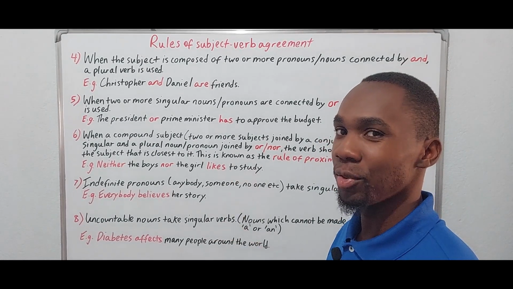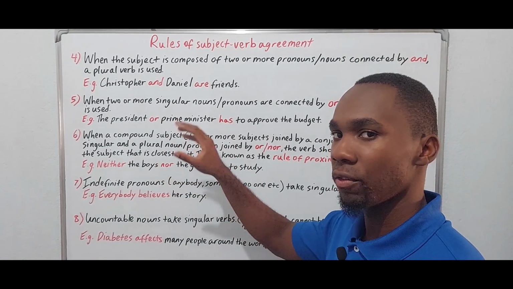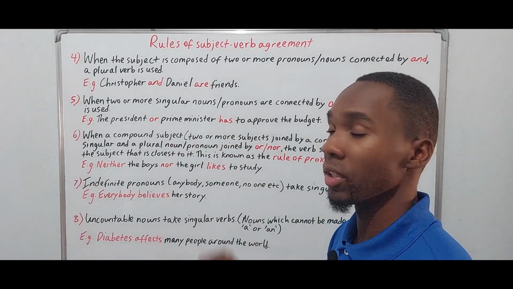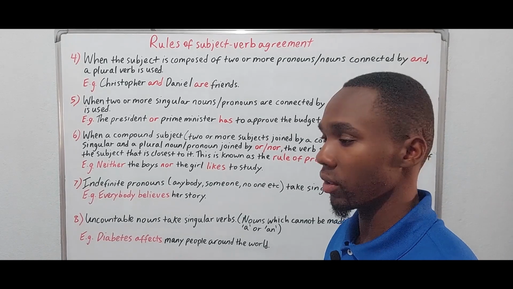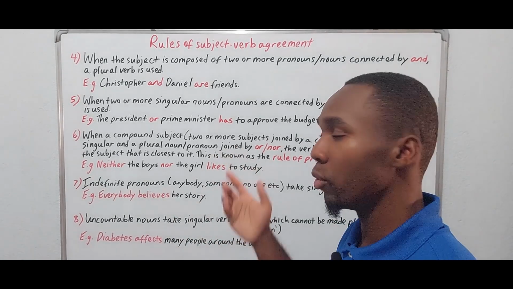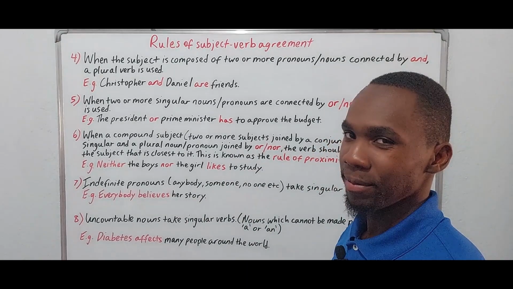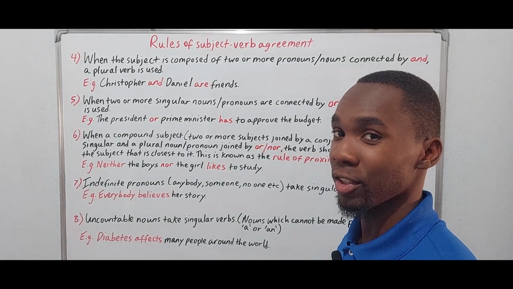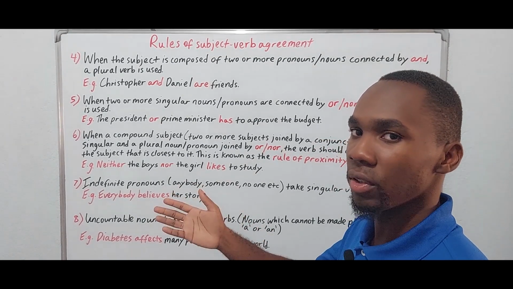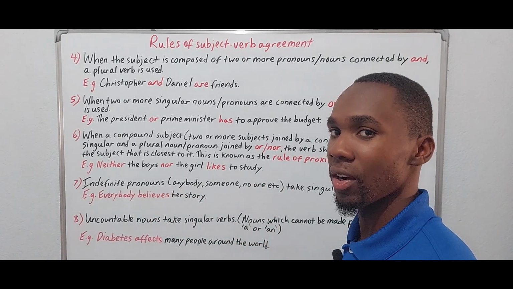Now that's the next rule. Okay? So just to recap, if we have two singular subjects connected by or, then the verb must be singular because it's saying either or. Okay? And they're both singular, so the verb must be singular. Now, let me answer your question because I know you're wondering, but sir, what if we have a plural subject and a singular subject connected by or?